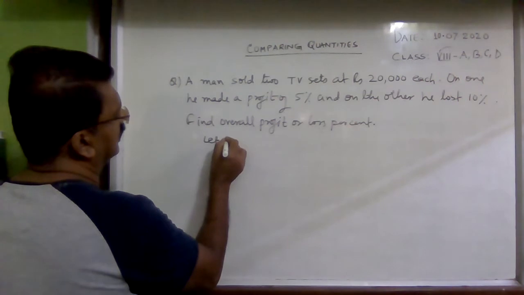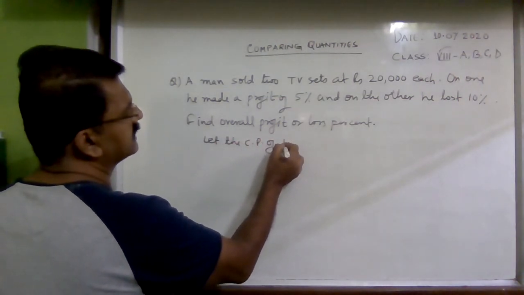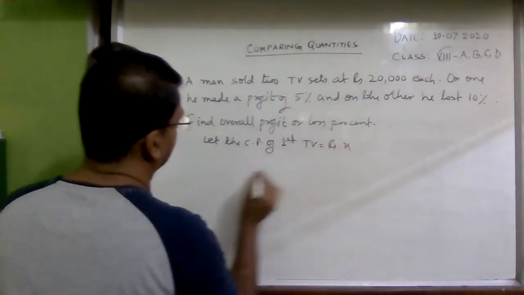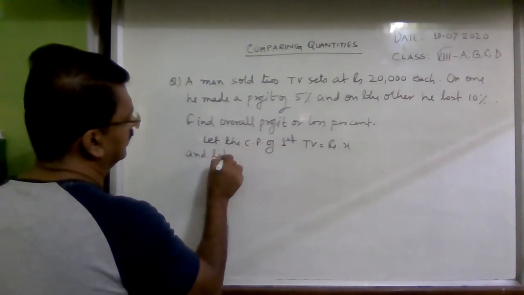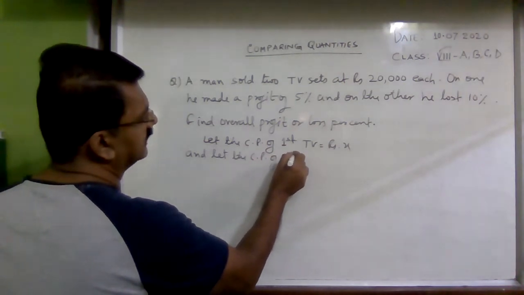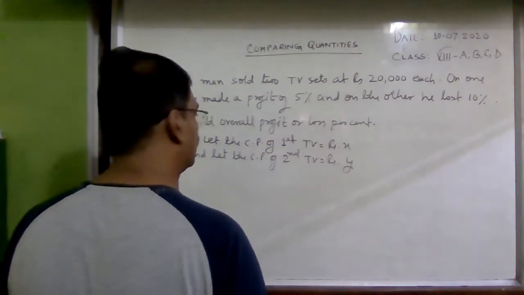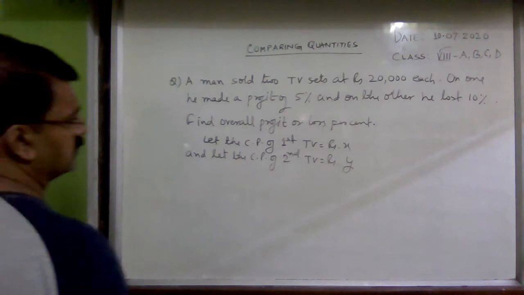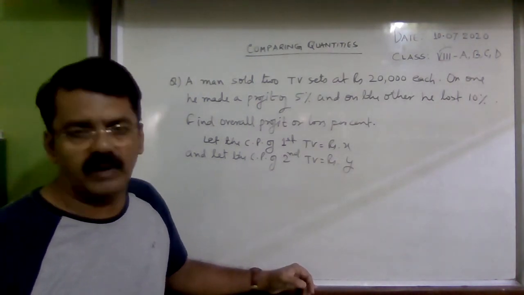Let the CP of first TV be rupees X and let the CP of second TV be rupees Y. Two different televisions are there, so their cost prices are also different.